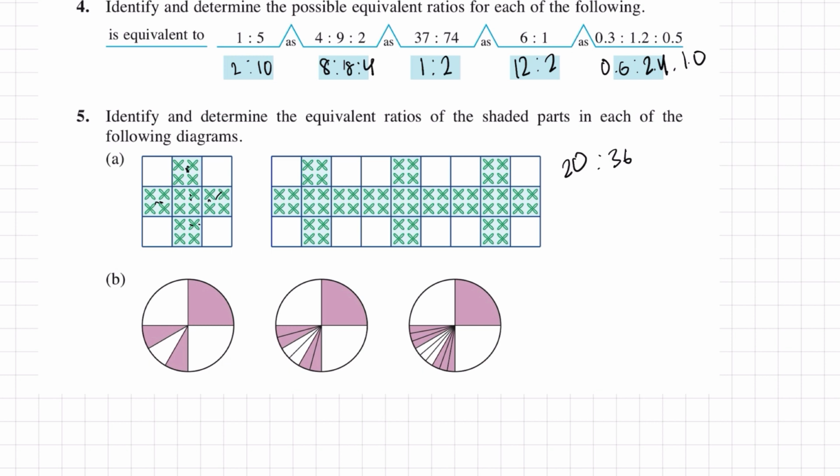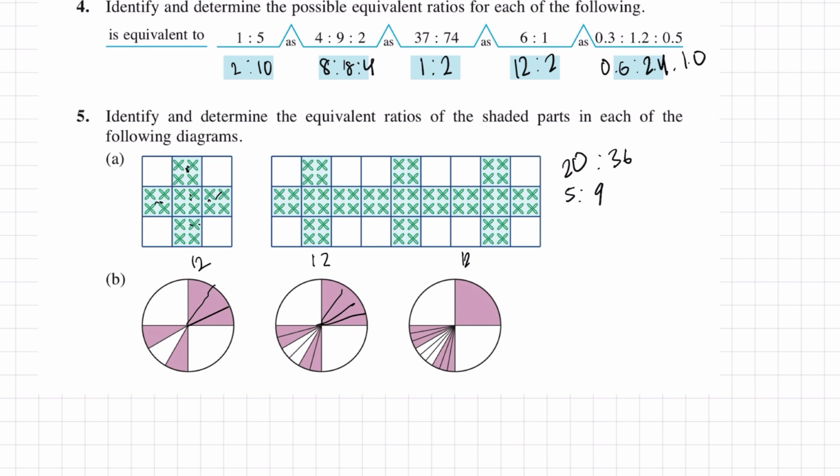So simplify it and we have 5 to 9. This one is a little bit tricky, but as you can see, it's actually the same. Let's say we divide each quarter of the circle into 3 parts, and you will have 3 times 4 is 12 parts.